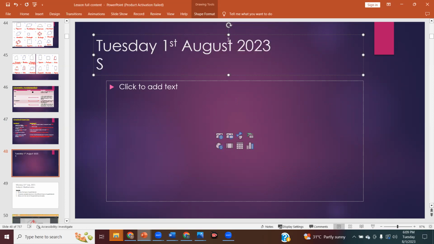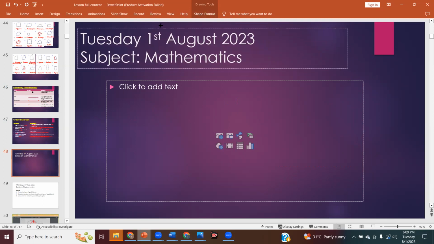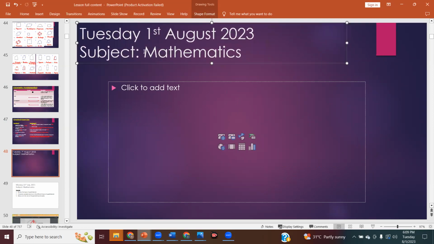Our subject is, of course, mathematics. And again, as you write, make sure you write properly and legibly. Make sure I am able to understand it, make sure you are able to understand it, and make sure you write with pride.